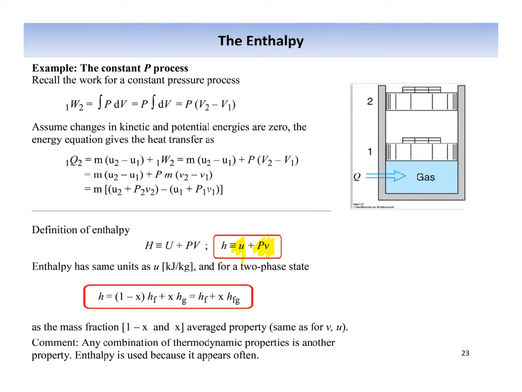If we multiply pressure into volume and add internal energy to it, it must result in a characteristic that must also be a property of the system, because all three of these are properties. So their combination must be a property of the system.